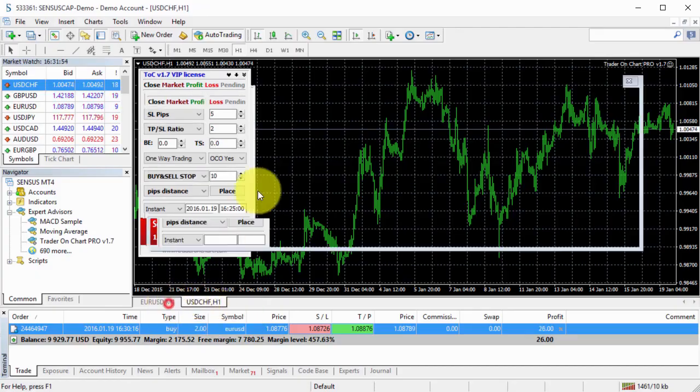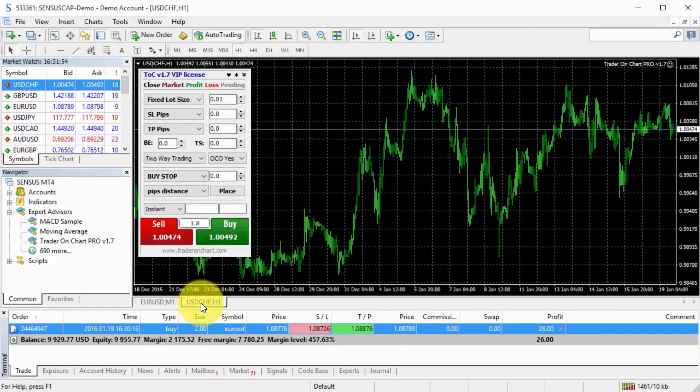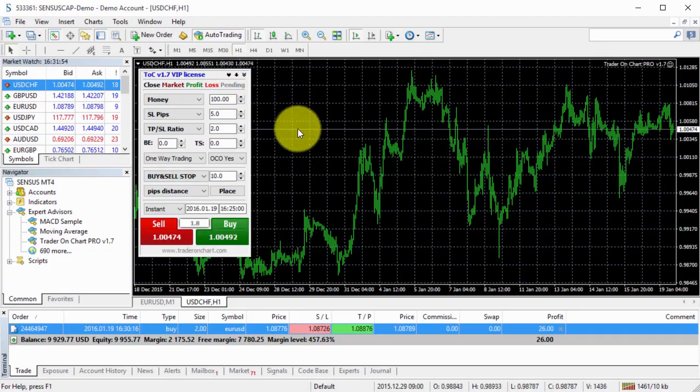So now I can even go to the euro dollar chart and click this little heart button right here. What this makes is that it saves the settings as defaults, and now if I go to other instance of trader and chart and click this arrow right here, it will load the default settings.